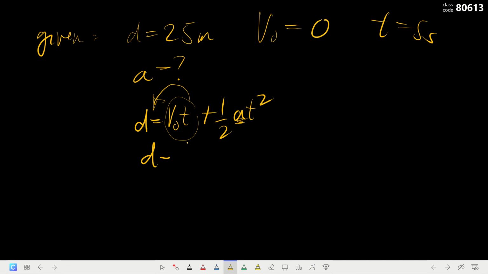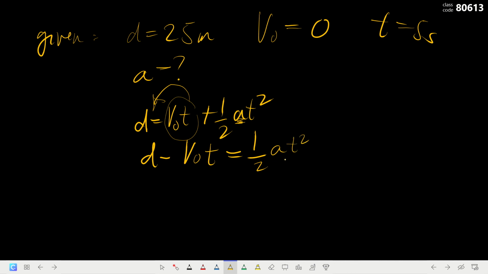That is negative. So, it is negative. Therefore, the inverse of addition is subtraction. So, d minus v sub o times t is equal to 1/2 a t squared.